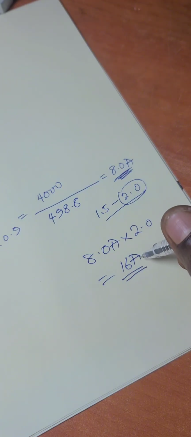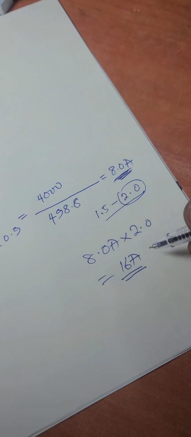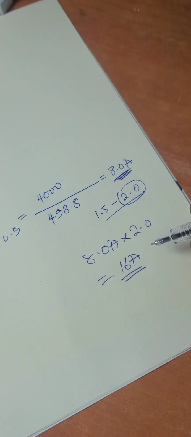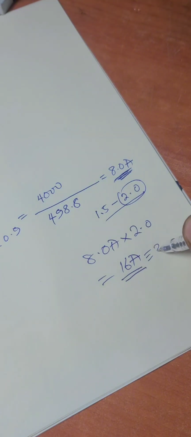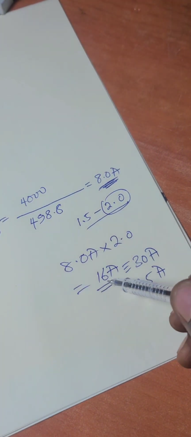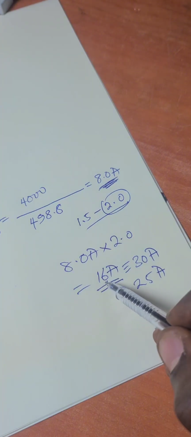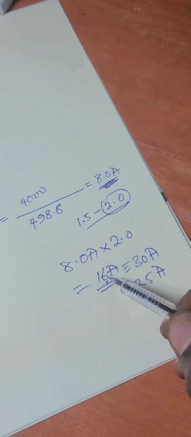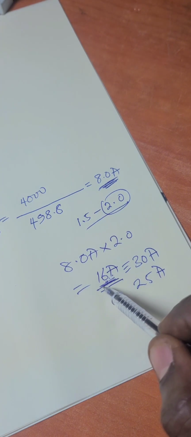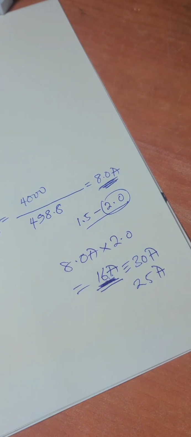But I don't think 16 amps is a standard value for contactors. So the closest to 16 amps is actually 30 amps. I think we have 25 amps. But you are going to choose the standard rating that is above, the closest above your calculated value of your contactor current.